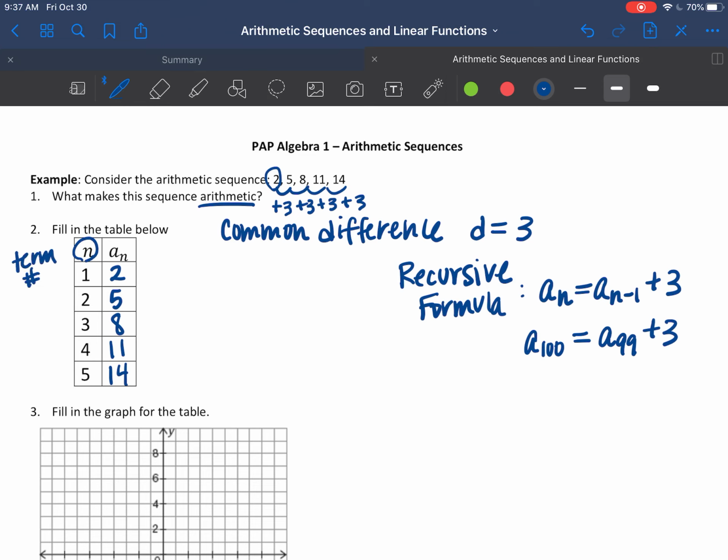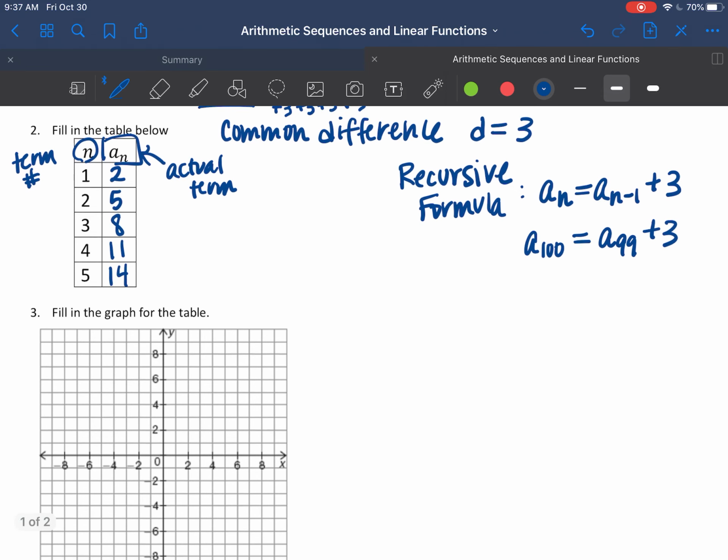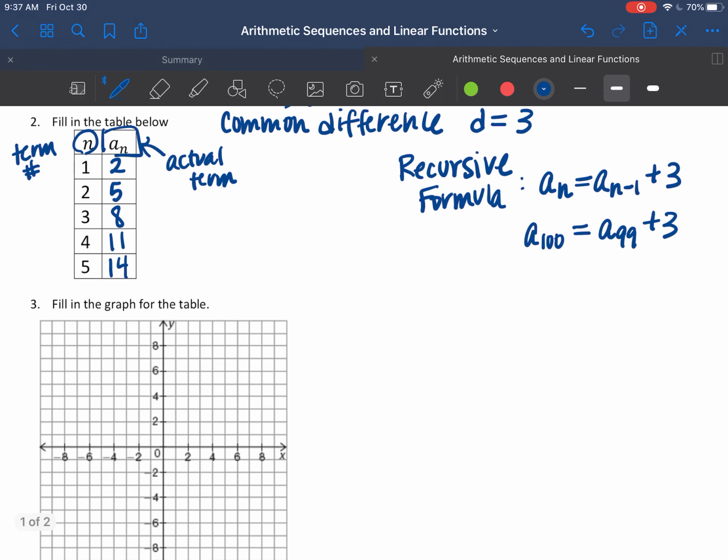So n is the term number, and this is the actual term. Okay, and so a sub 1 would be 2, a sub 2 would be 5, a sub 3 would be 8.